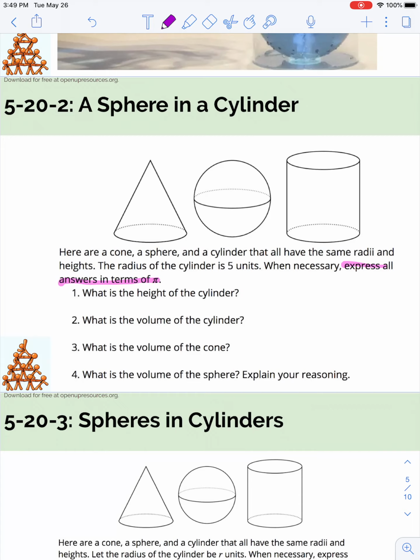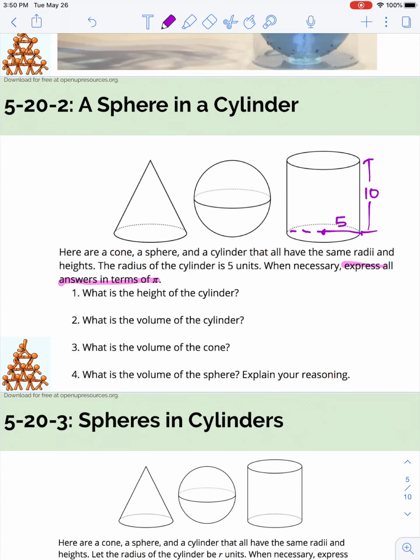Okay, so what is the height of the cylinder? They give you the radius is 5, and if we look at this, the diameter is the same as the height. Double 5 is 10, because it's all the way across.